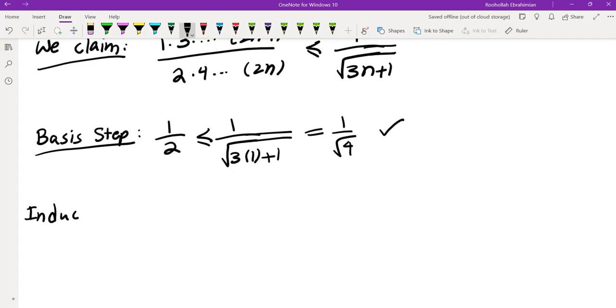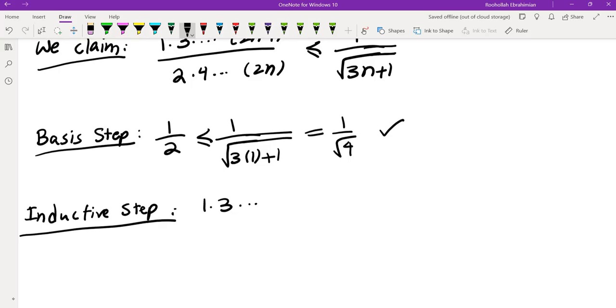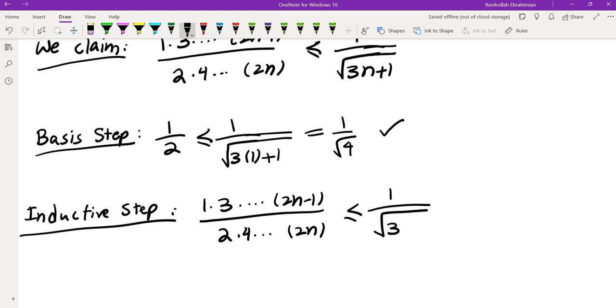Inductive step can be done this time if we start with assuming 1 times 3 all the way to 2n minus 1 over 2 times 4 all the way to 2n is less than or equal to 1 over root 3n plus 1.